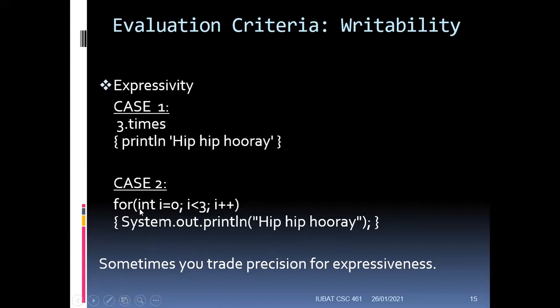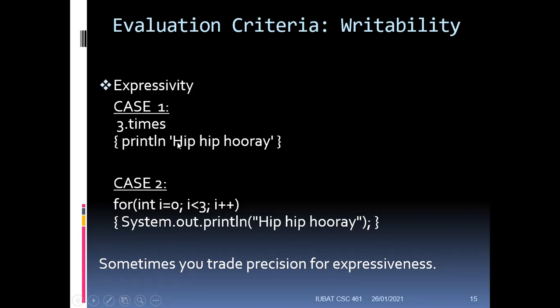What I'm looking at is 3 times hip hip hooray. If you look closely, you might understand this is a loop. But if you don't see the example below first, it will take you some time to understand what case one actually means. But when I say that both of them do the same task, you can understand this might be easier.